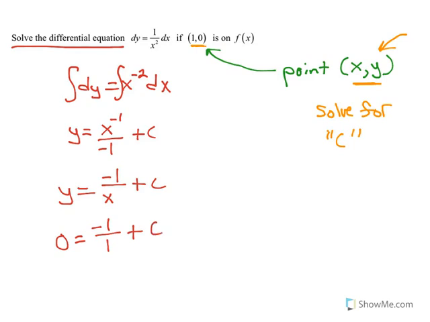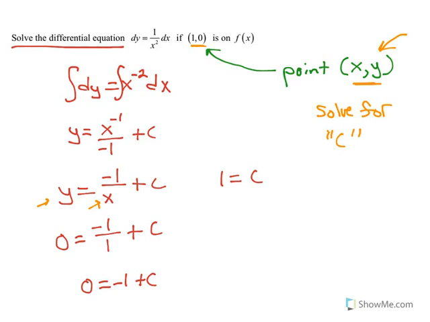So put in your known x and your known y, and then solve for c. So this is going to be 0 equals negative 1 plus c. Add 1 to both sides. So it's saying that c will have to be a value of 1.